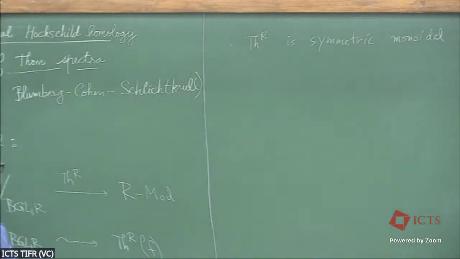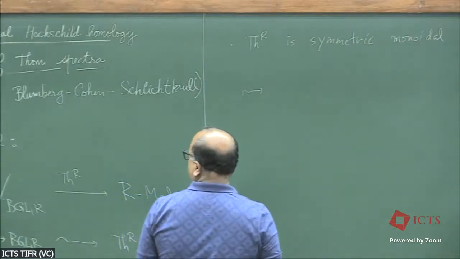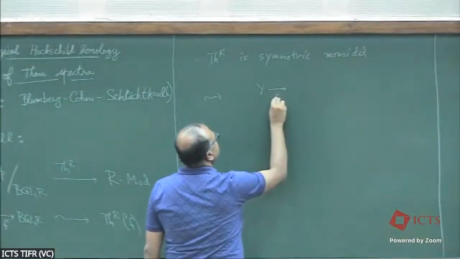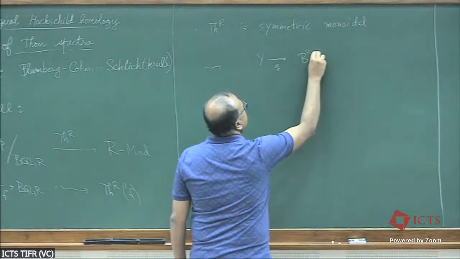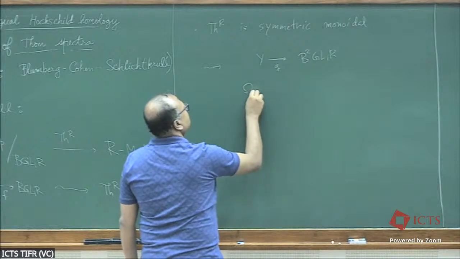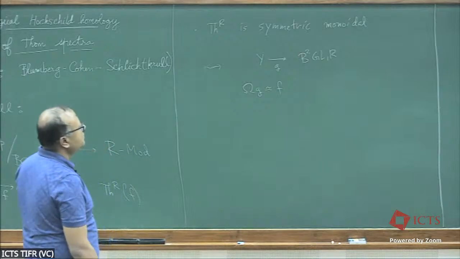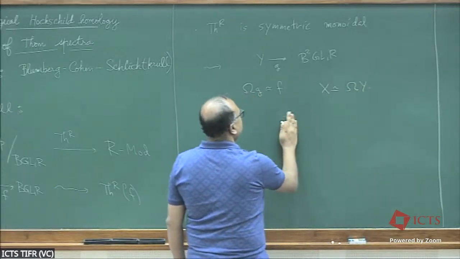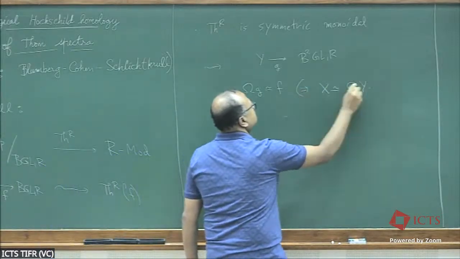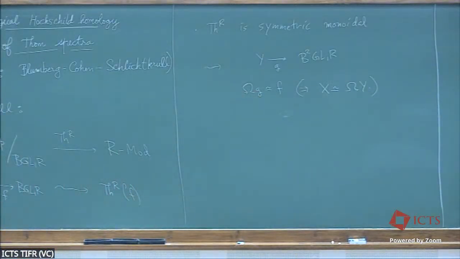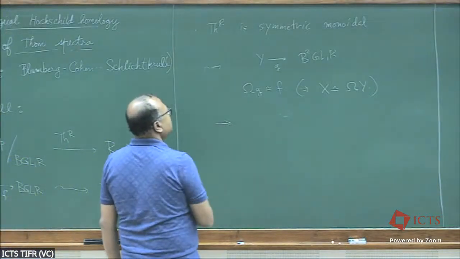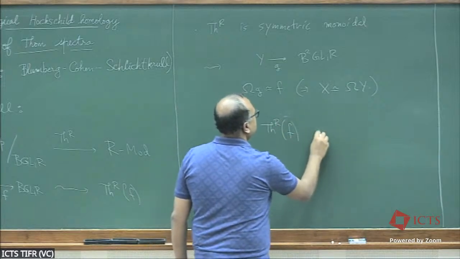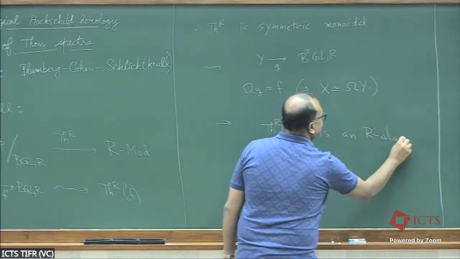A consequence of that is that if F is a loop map, that means if there is Y with some G to BGL1R such that ΩG is F, so that means X is the loop space of Y and the map F is the loop map, then this Thom spectrum is an associative R-algebra.